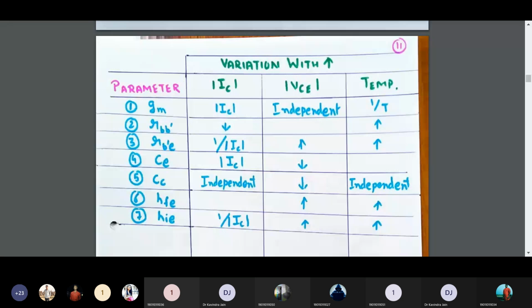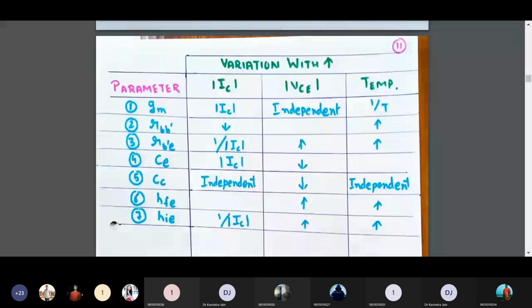Very good. Okay. So the dependency of RBB dash on IC and temperature is present. Now, the decrease in RBB dash with respect to IC is due to conductivity modulation.